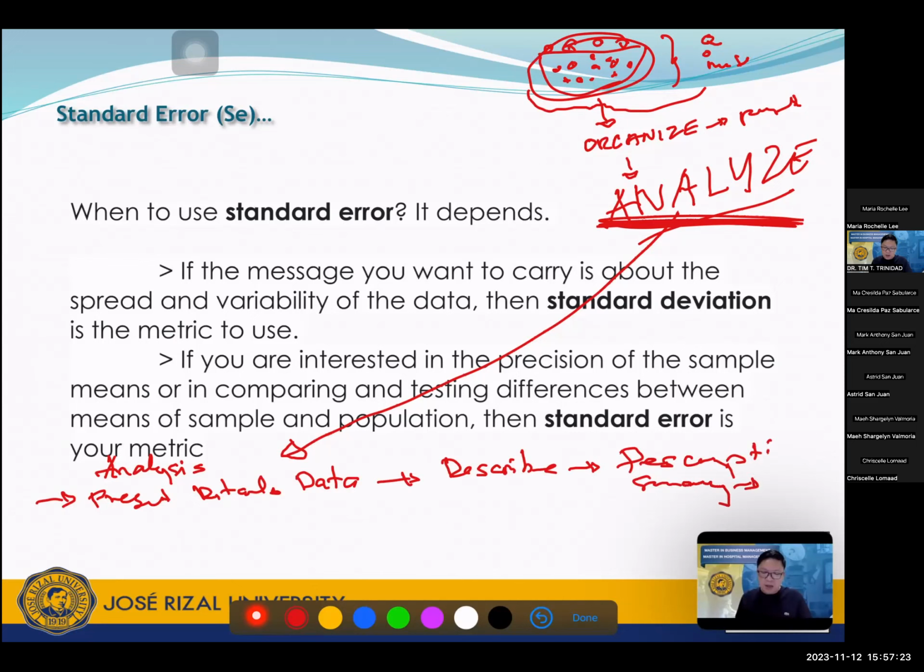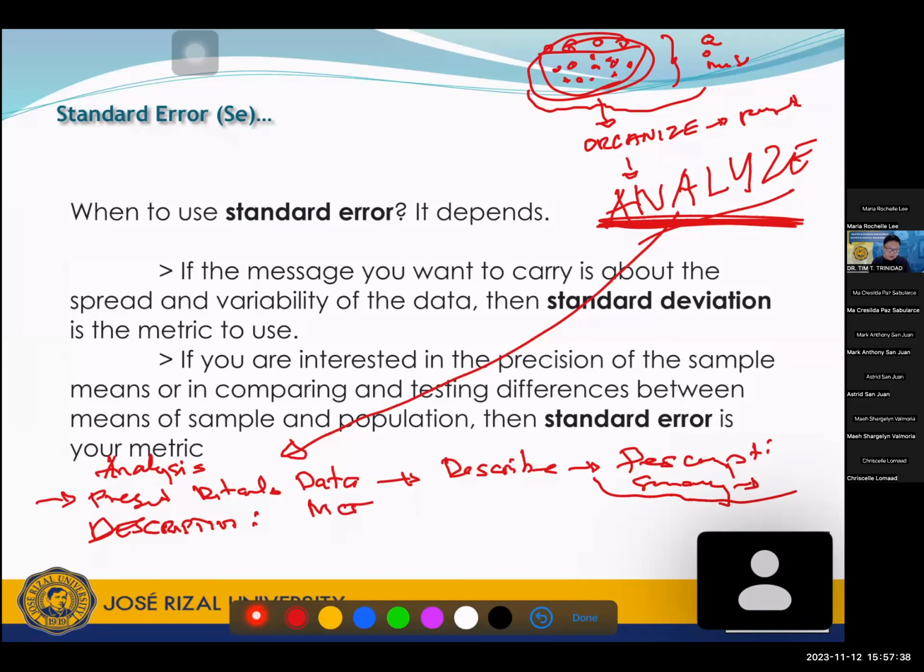Okay? So what do I need to know when using descriptive statistics? What information are you going to give me? You talk about the different measures of central tendency in relation to your collected data. So, sabihin mo, ano ang mean mo, ano ang median, ano ang mode. What are the other things that you need to mention? Measures of dispersion.